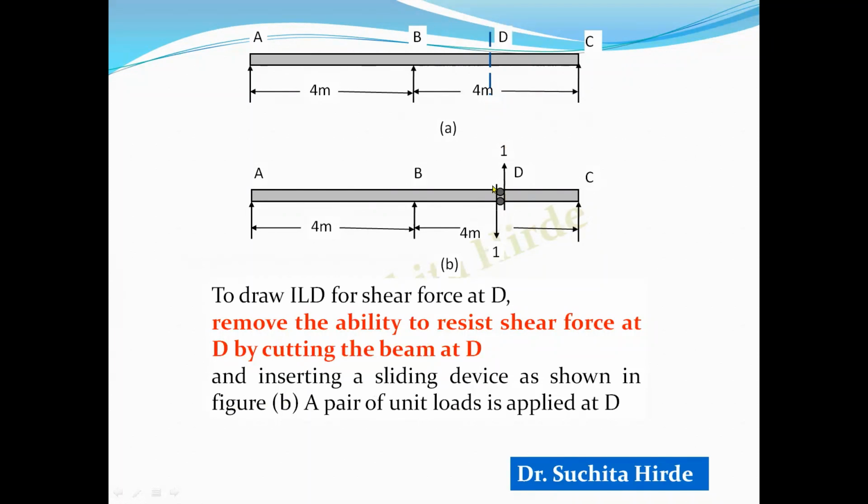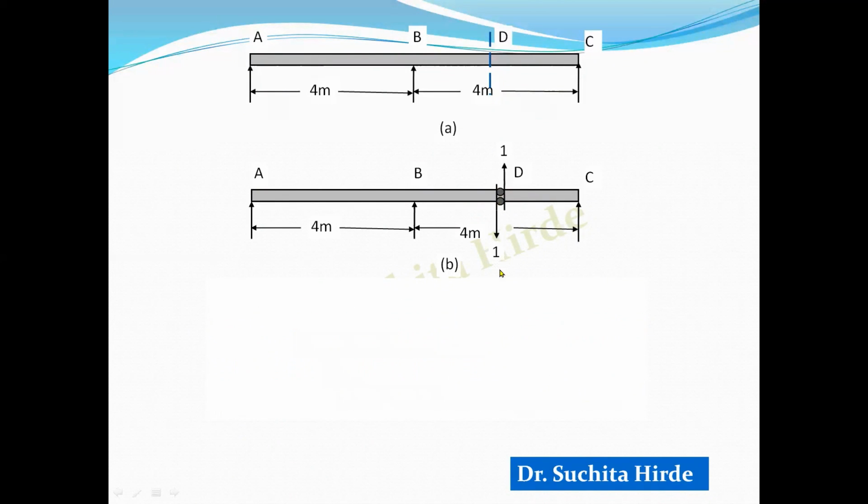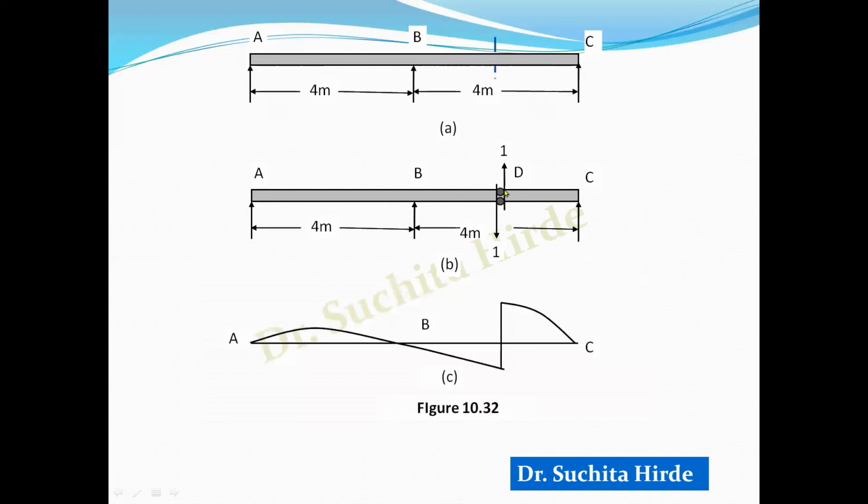So we have to apply the pair of unit force in the direction of shear force to draw the influence line diagram. Now when we apply this force, what happens? This part, CD part, is lifted up like this, and this part will go down like this.